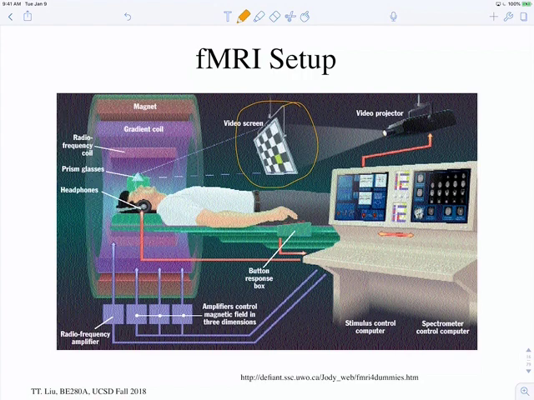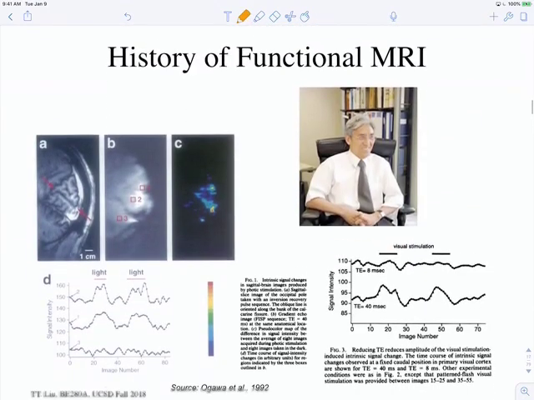Heat pain, you might be heating them up and causing them pain. You might be pricking them with acupuncture needles, just lots of things, all right? And then they also have the opportunity to respond. So they might be gambling or making decisions or trying to track some object. And so the main thing that makes it different from just MRI is the subject. You're asking the subject to do something.